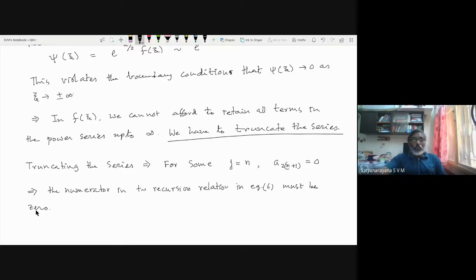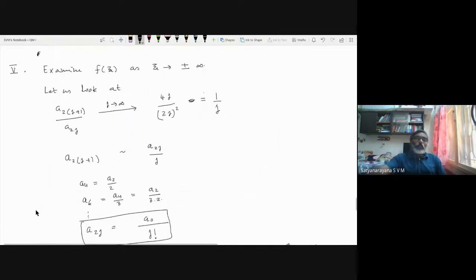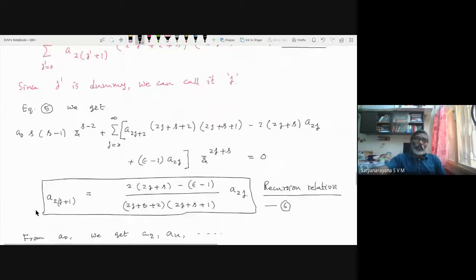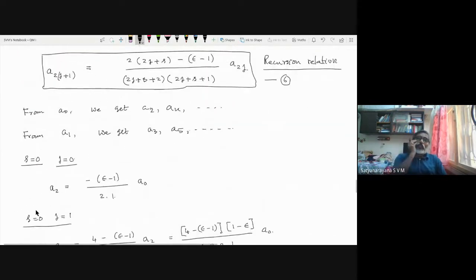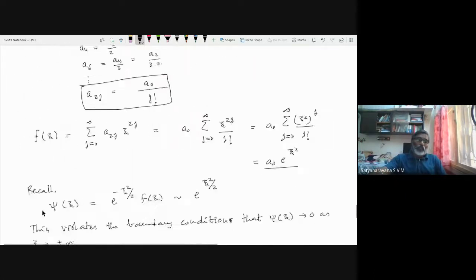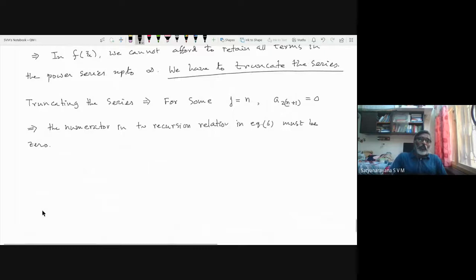So what is the recursion relation here? So 2 times 2n plus s. S is of course, let's say 0. So then we have 2 times 2n, okay, let me write down this s here, minus epsilon minus 1 is equal to 0.